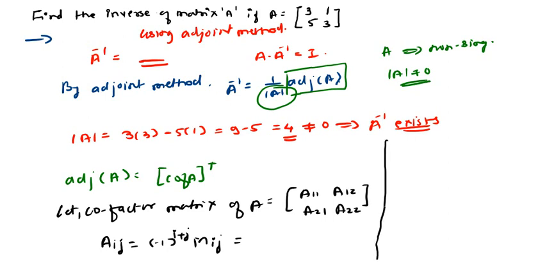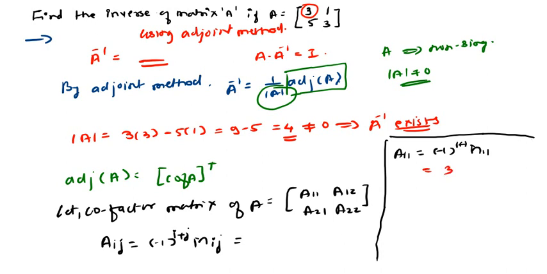Firstly I will try and find the value of A11. A11 will be minus 1 raised to 1 plus 1 into M11, where M11 is the minor of the element A11. So we have this element A11 here, and its minor will be 3. So this is equal to minus 1 raised to 2, which is 1, and M11 is 3.